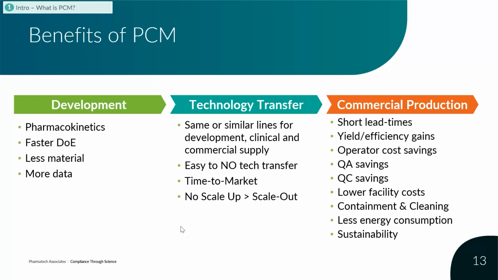In the commercial production case, you have shorter lead times, yield gains, cost savings to expect from operator FTE numbers employed, but also on quality assurance, quality cost savings are to be expected, as well as lower facility costs. You have a lower footprint of the equipment, and then also containment and cleaning can be substantially improved.